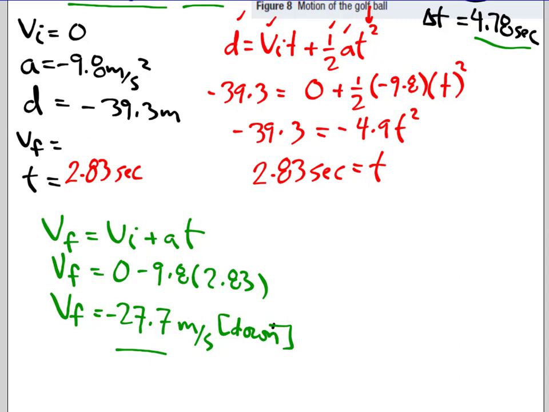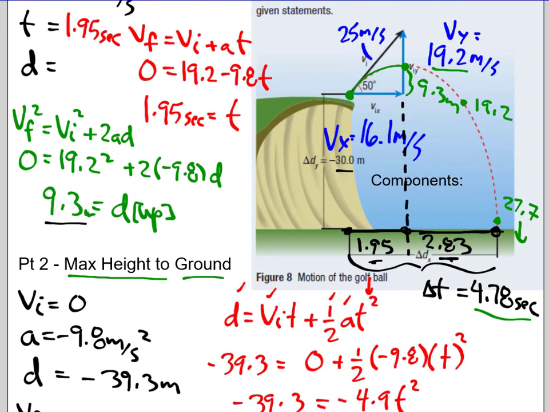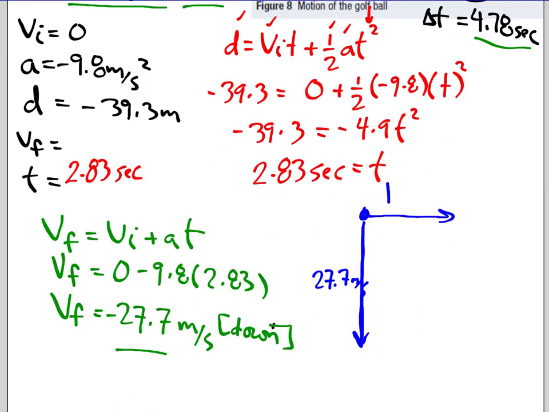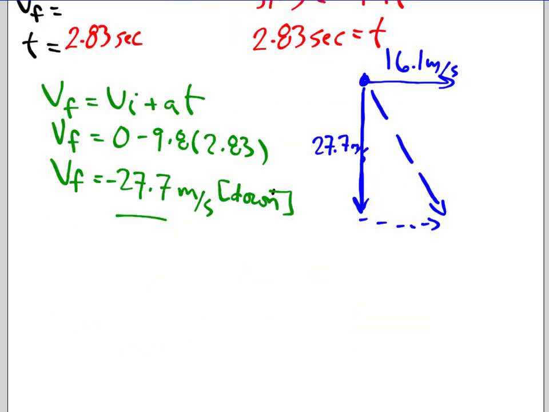Right before this object hits the ground, it has 2 vectors. It has a 27.7 meters per second vector going down, and it also has the horizontal vector up here of 16.1. That's this guy right here. Now we can use those 2 vectors together to make a resultant by relocating some of them, and then we can do a quick Pythagorean theorem.